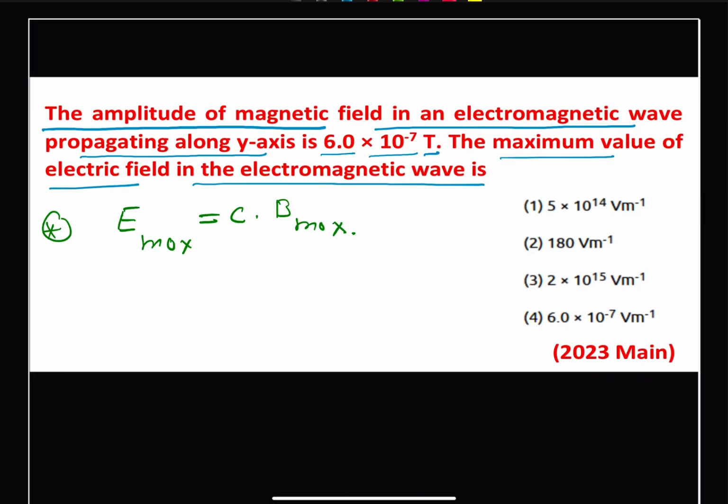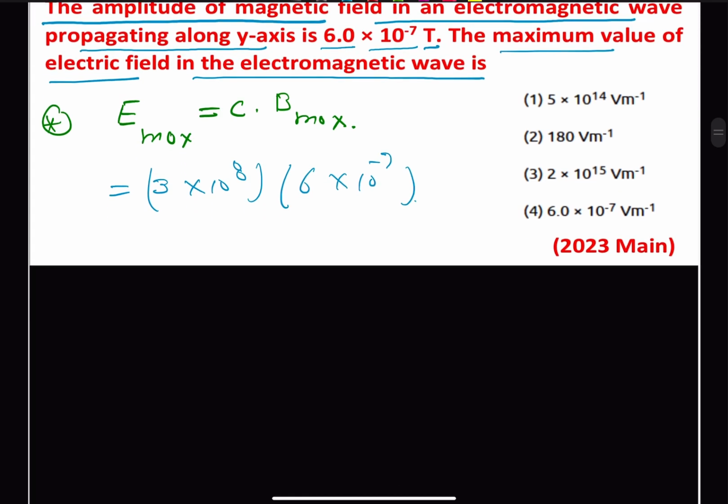And we simply substitute the values. C is 3 into 10 to the power 8, and the magnetic field is given as 6 into 10 to the power minus 7. So we are going to get 180 volt per meter.